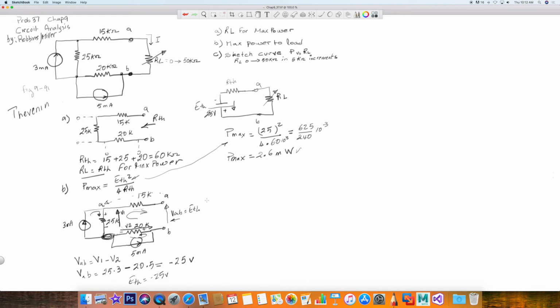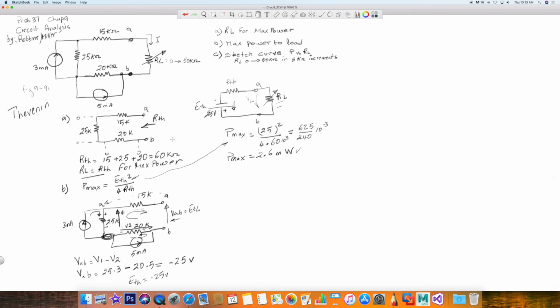Okay, so now next is to sketch a curve of P versus RL. Well, first of all, what is the power consumed by RL? So if you think about it, you have a V load here. So in our case, it's going this way, V load.